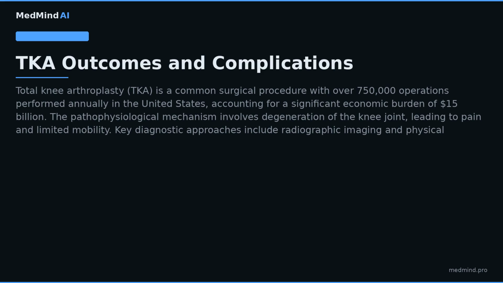Key diagnostic approaches include radiographic imaging and physical examination, with primary management strategies focusing on surgical intervention and perioperative care. Postoperative complications occur in approximately 10% of patients, with 2.5% experiencing major complications such as infection or pulmonary embolism.